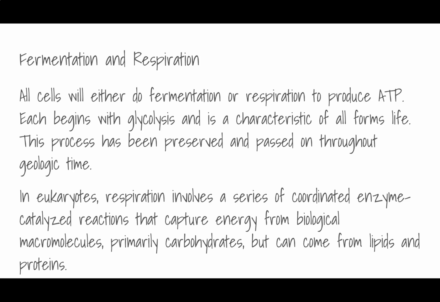So we're going to do either lactic acid or alcohol fermentation or cellular respiration to produce ATP. Now, lactic acid and alcohol fermentation are going to produce only 2 ATPs. Aerobic cellular respiration is around 36 ATPs. So you can see there's a very big difference.